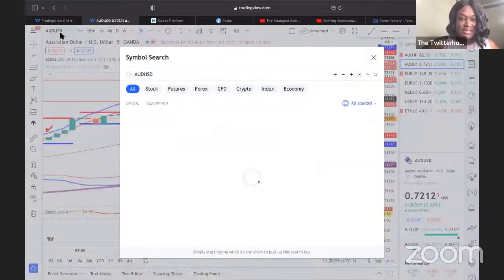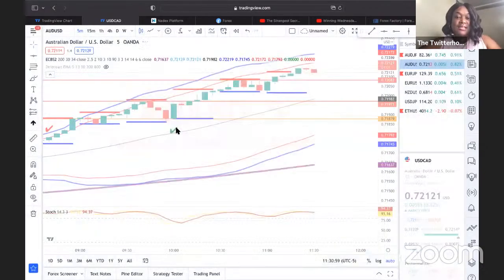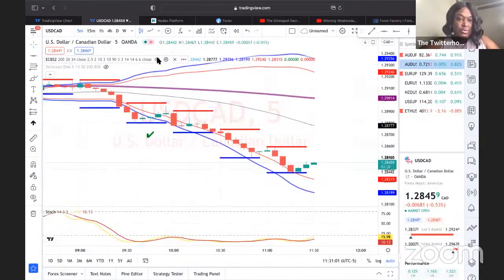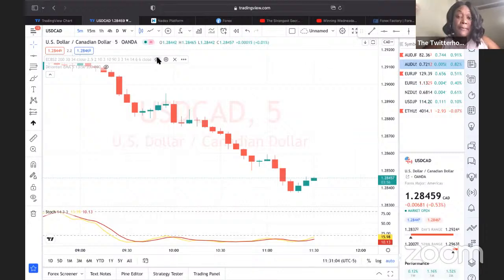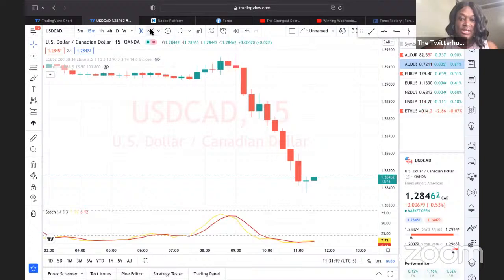All right, so then we go to TradingView. So now I'm gonna type in USD CAD, where for a bullish idea, we buy the ceiling. For a bearish idea, we sell the floor. So now I want to find the floors that make sense for me on the 15-minute and on the hour.